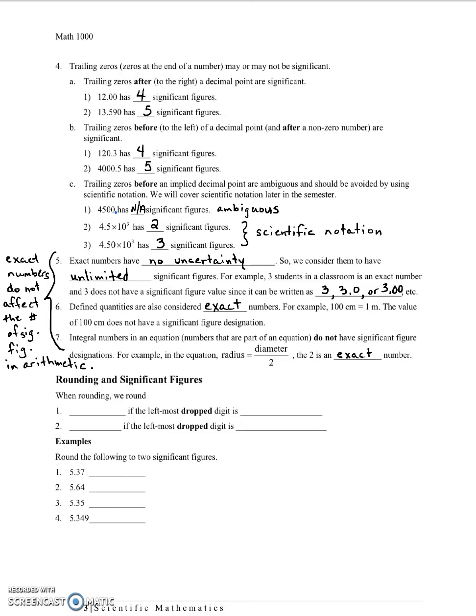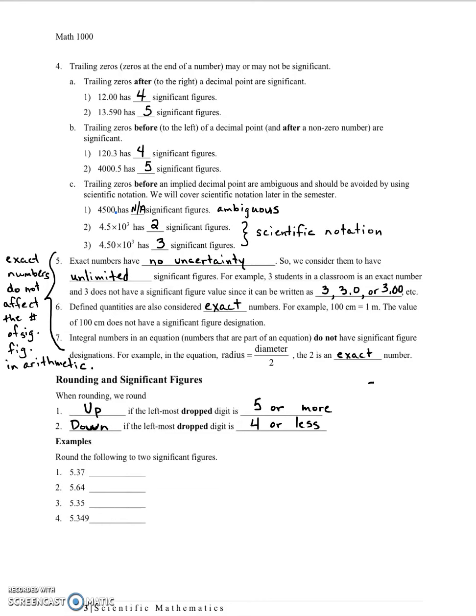So, rounding with significant figures is no different than normal rounding. We round up if the leftmost digit dropped is 5 or more, and we round down if the leftmost dropped digit is 4 or less.